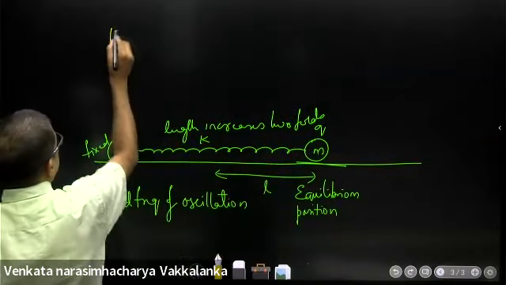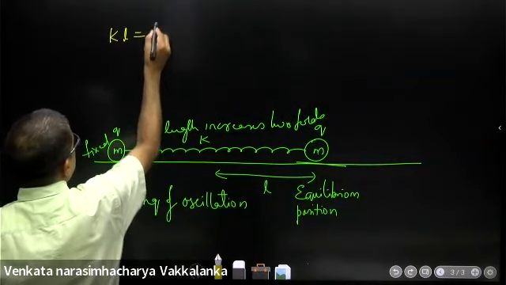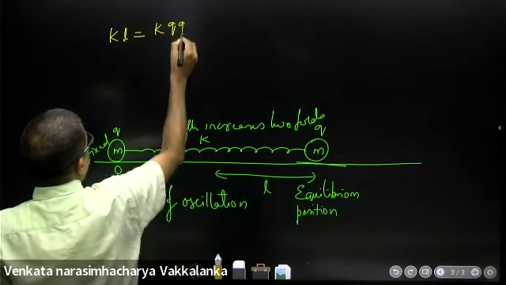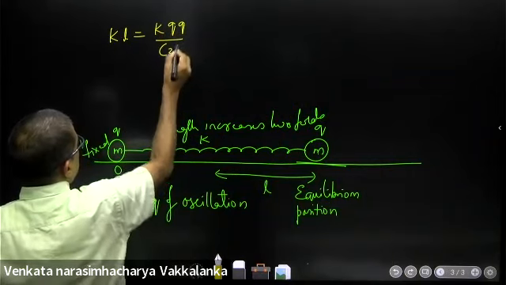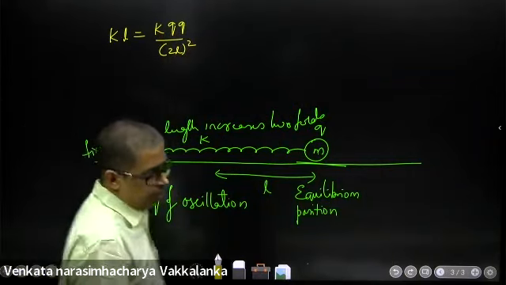At the equilibrium position, I will say KL is equal to KQQ by 2L whole square. This is at the equilibrium position.